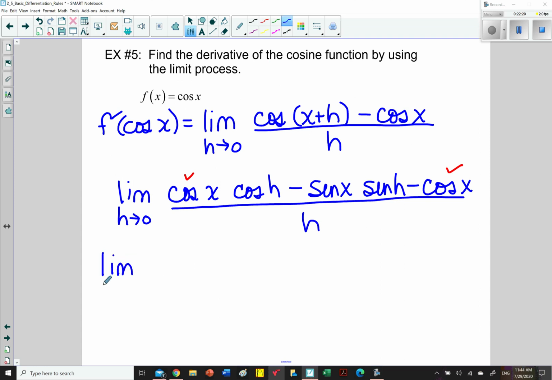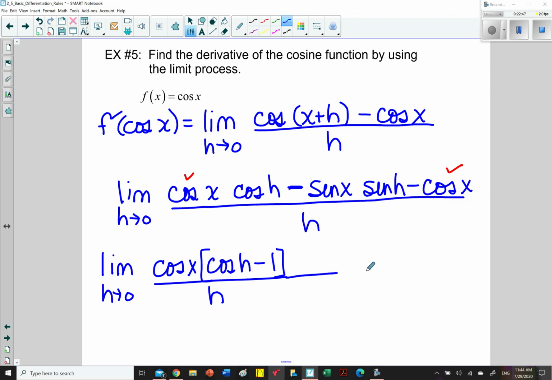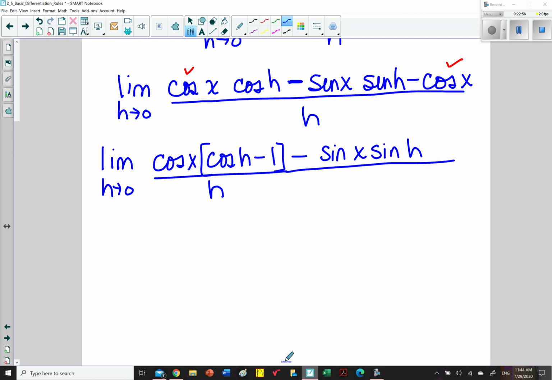That's going to give the limit as h approaches 0 for cosine of x times cosine of h minus 1 divided by h. And then I'm going to split it up right now as minus sine x sine h, and then break it up into two separate limits.